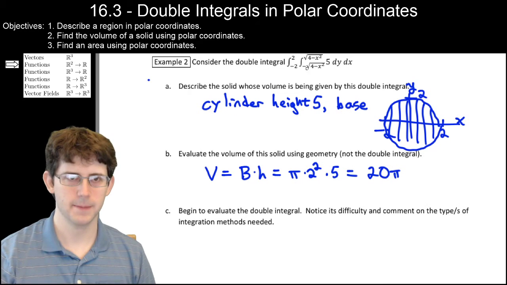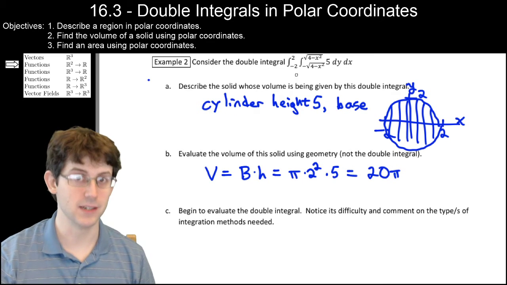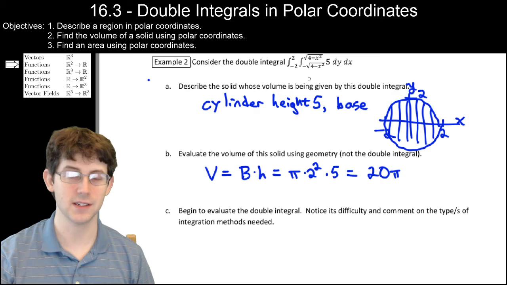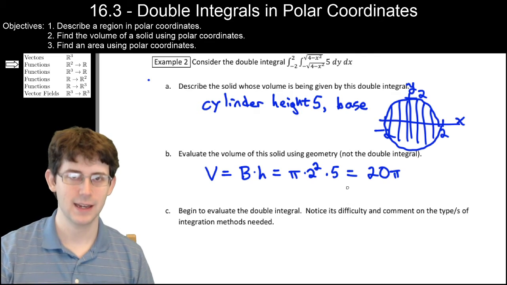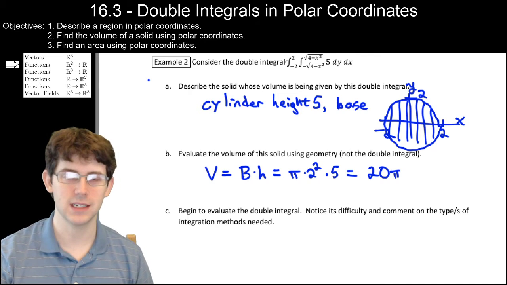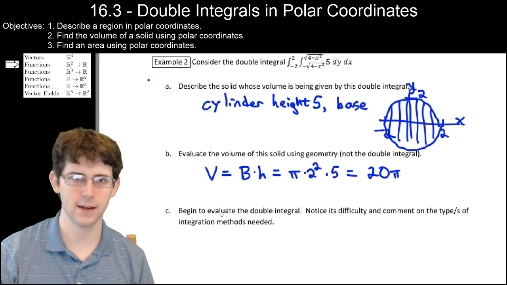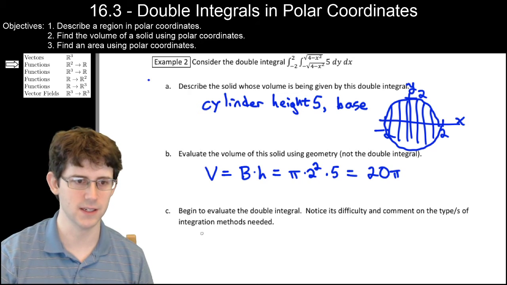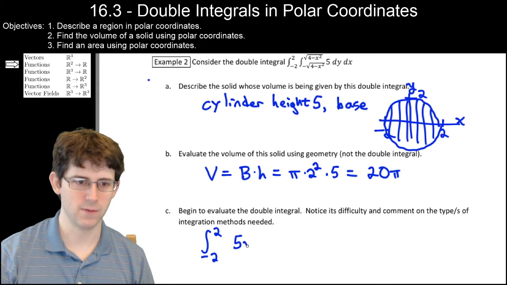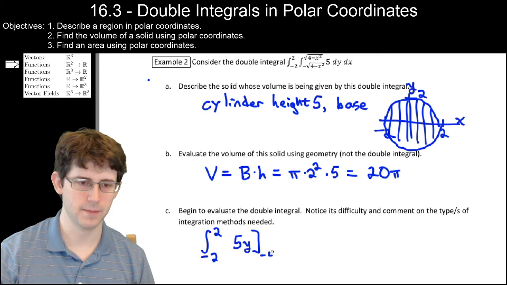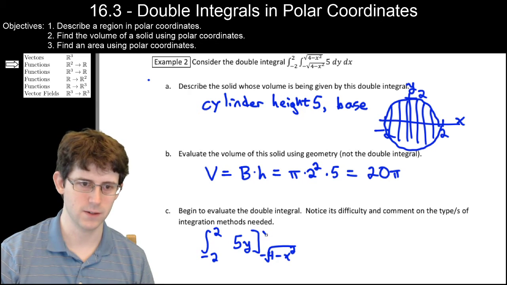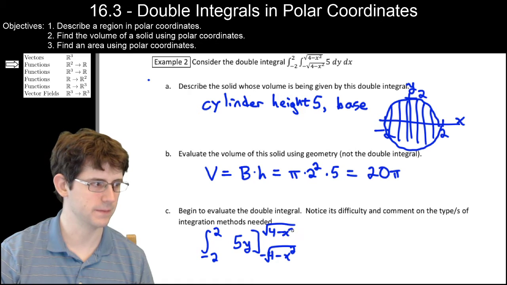Now, that's a really nice way to do this integral, to say, oh, this integral is a volume, and I'll just go find the volume. If you don't notice that, you could still do it. You could just do the integral. So you would say, okay, I'll do the y integral first, because it's on the inside. It's 5y from -sqrt(4 minus x squared) to sqrt(4 minus x squared).